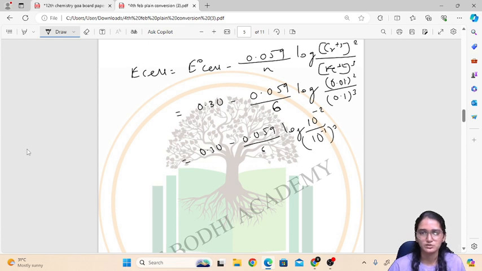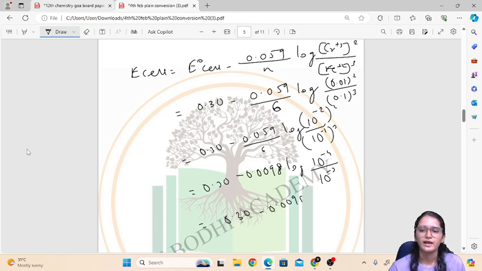Now this is raised to 2 and this is raised to 3. So 0.059 by 6 comes to 0.0098, log of 10 raised to minus 4 by 10 raised to minus 3. When you simplify, it will be 0.30 minus 0.0098 log of 10 raised to minus 1.